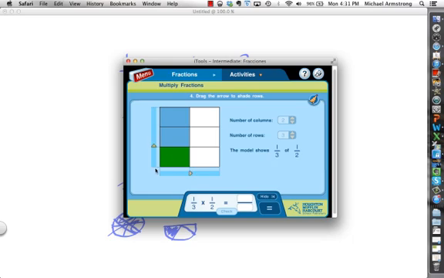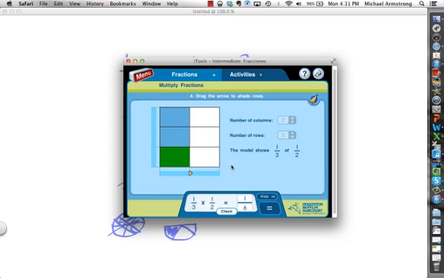The blue represented 1/2, and when we slide this up, that's 1/3, 2/3, 3/3. So if we take 1/3 of 1/2, it ends up being this piece. There are 6 total pieces, and this one piece is green. So our total is 1/6. We check to see if it's correct. Correct. And terrific it is.